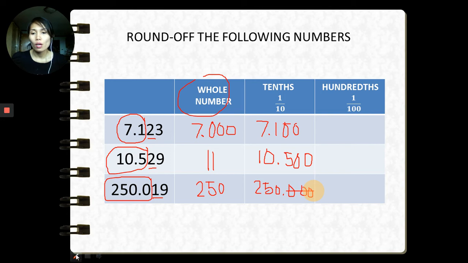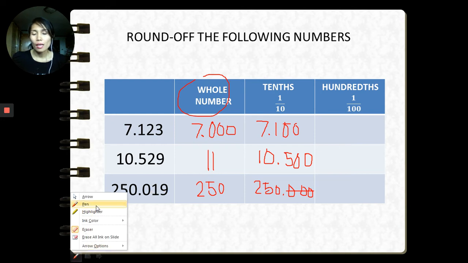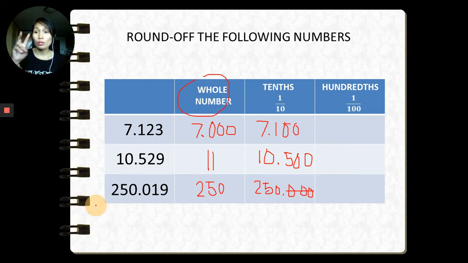Let's round this off to the nearest hundredths. Let's erase first so you will not be confused again. Okay, here, hundredths. When we say hundredths, there should be 2 digits after the decimal point. So in here, 1, 2, that's the hundredths.